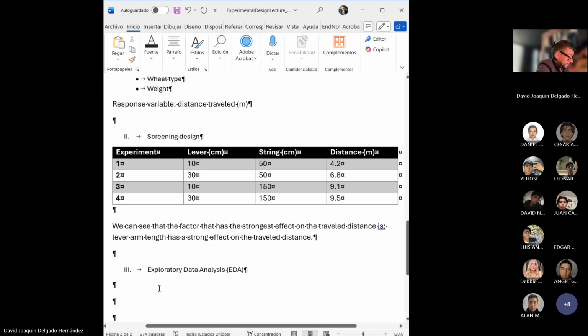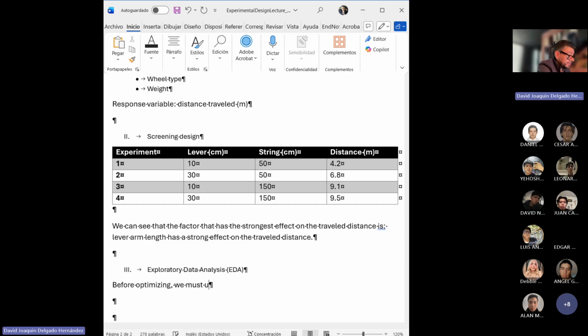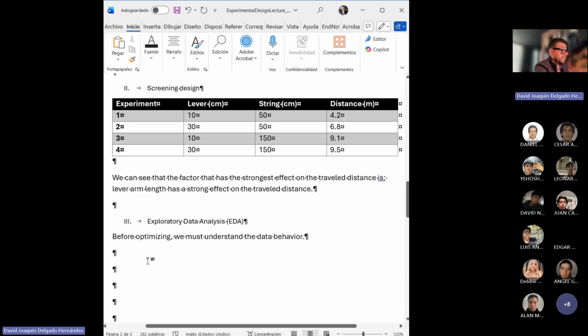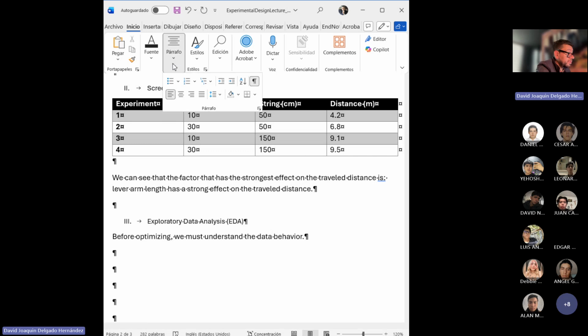Before optimizing, we must understand the data behavior. So how is it behaving? And we can look at some outliers, that is the name. So let me put some bullet points.